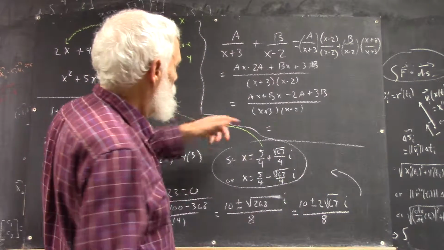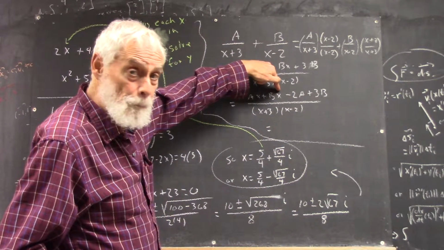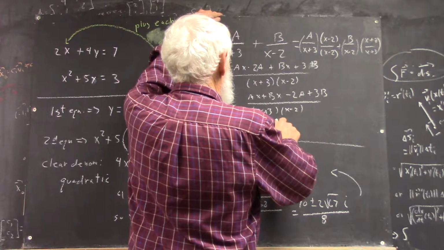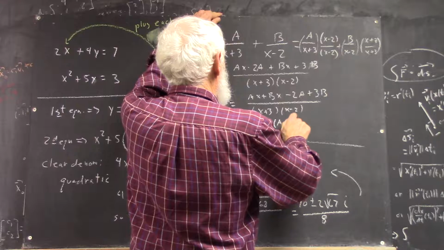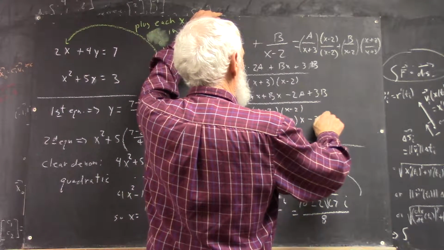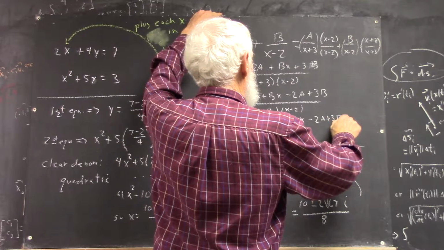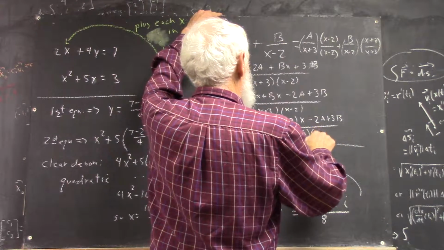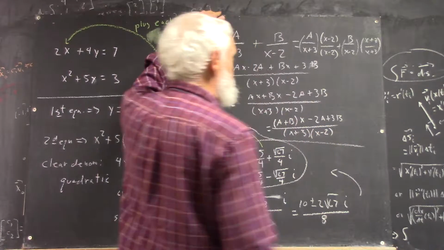Now, we're going to factor the x out here. Using the distributive law in reverse, we're going to say that's a plus b times x minus 2a plus 3b, all that divided by x plus 3 times x minus 2.